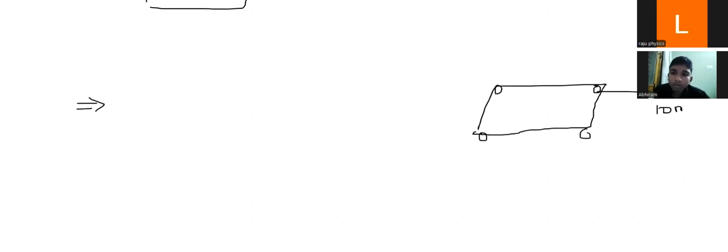Now one person, person A, was standing on the trolley. He was moving with a speed of 3 meters per second.